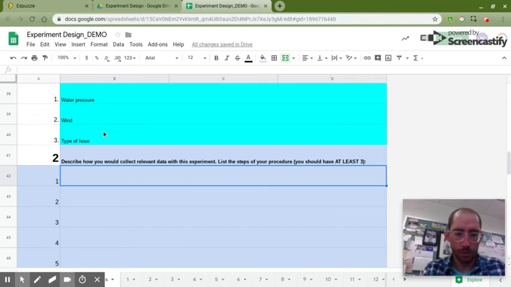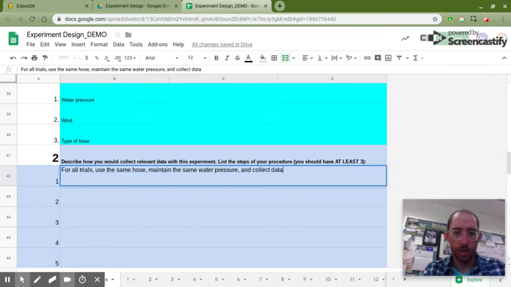For instance, for all trials, use the same hose, maintain the same water pressure as well as you can, and collect data only when the wind is blowing in the same direction at the same speed.